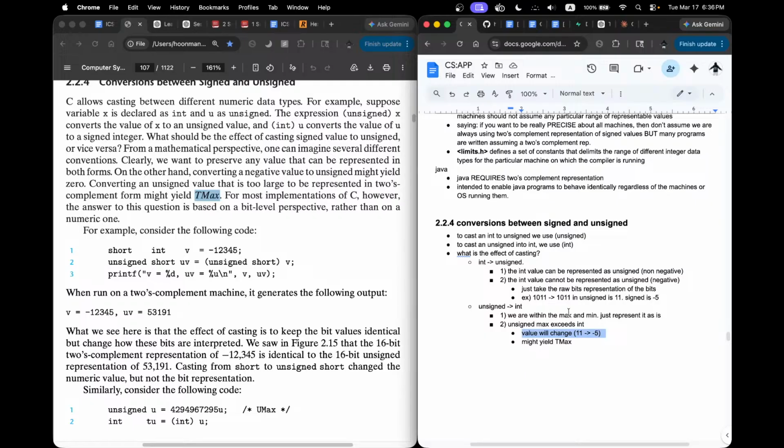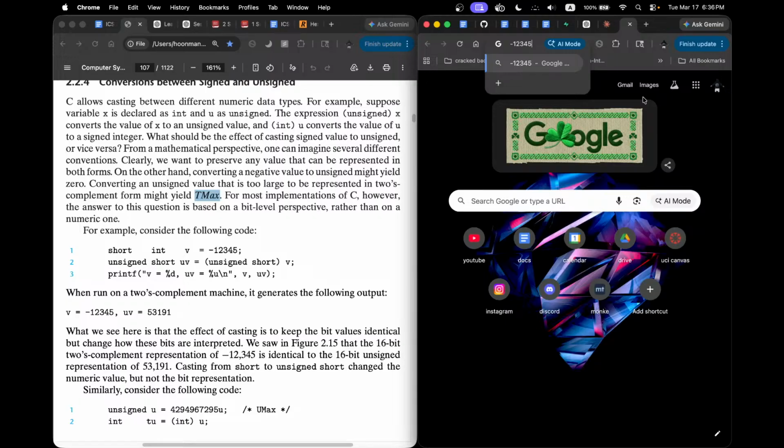You went from a negative integer to a positive one. Right, so -5 turned into 11. What is that in binary?